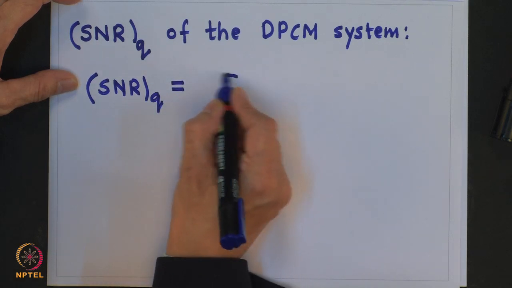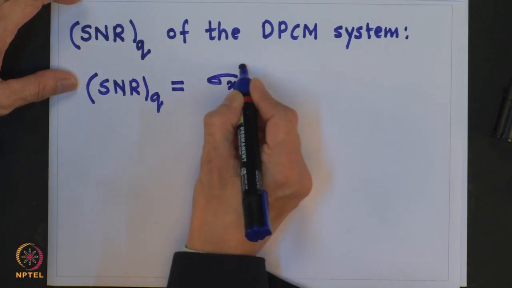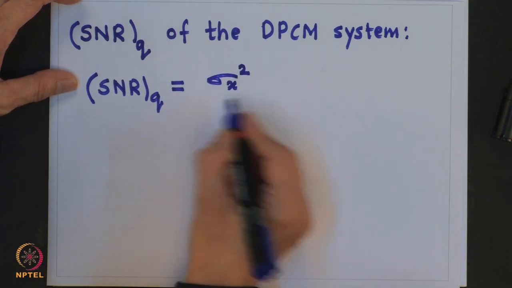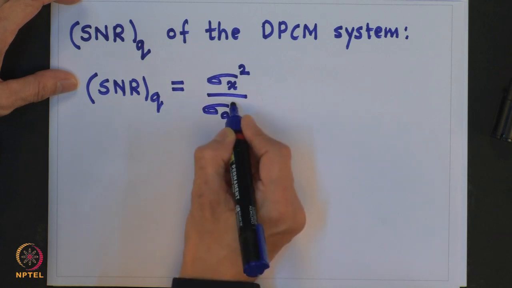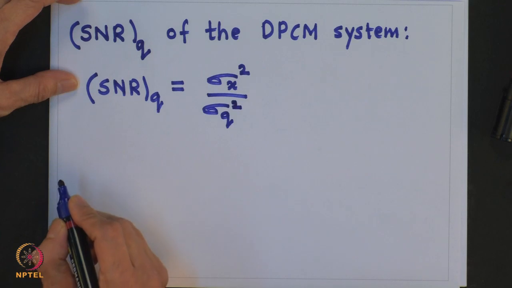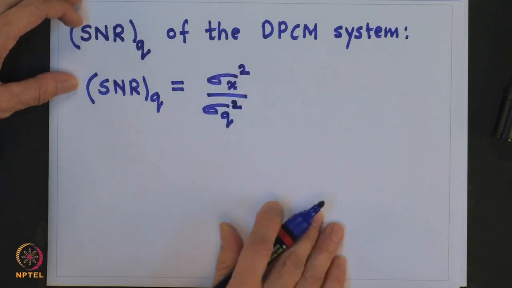This is nothing but the variance of the input signal divided by the quantization noise of the samples in the sequence. So, fine.